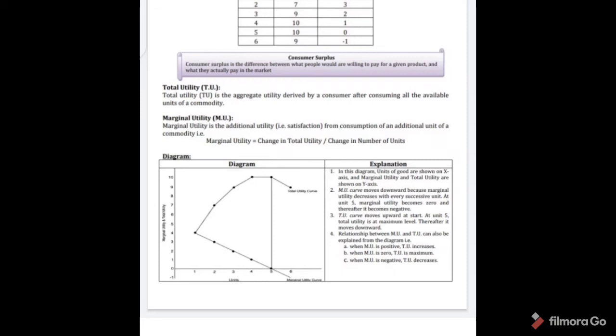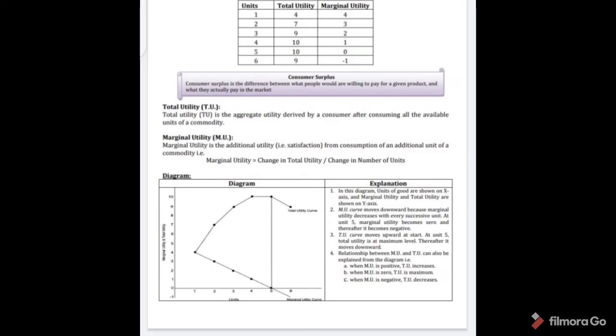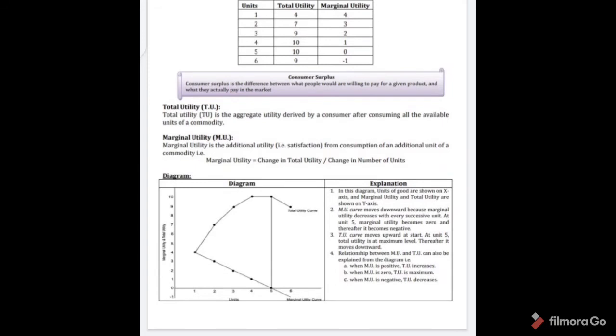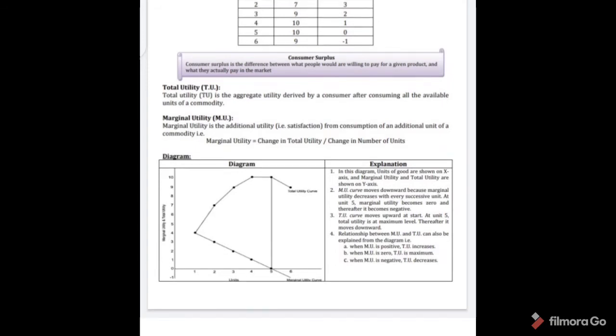Number 3, the total utility curve moves upward at the start. At unit 5, total utility is at its maximum level. Thereafter it moves downward. Number 4, the relationship between marginal utility and total utility can also be explained from this diagram.